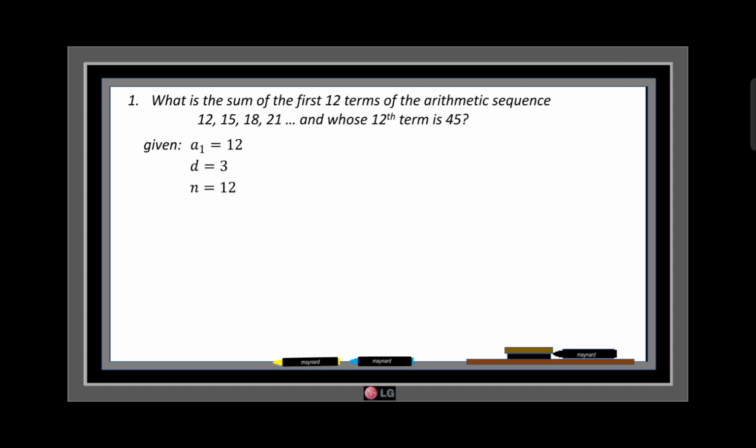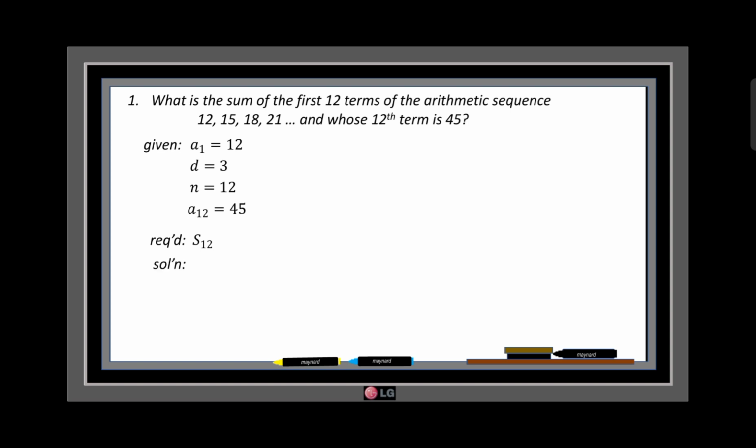So, first 12 terms daw. A sub 12 natin is equal to 45, given. And we are required to find the sum of the first 12 terms ng sequence na yan.